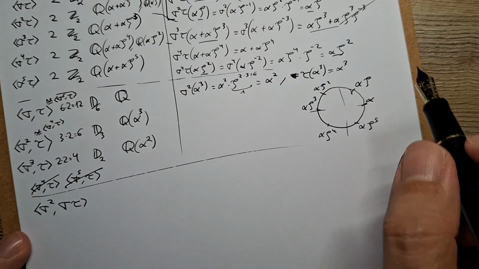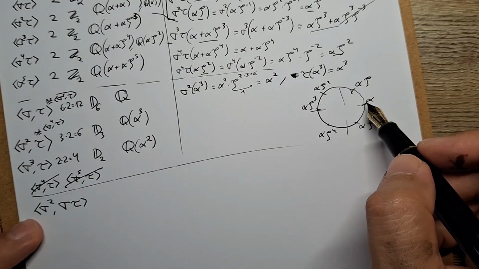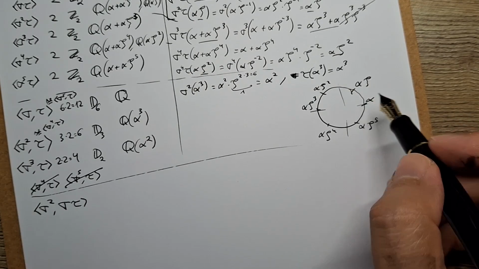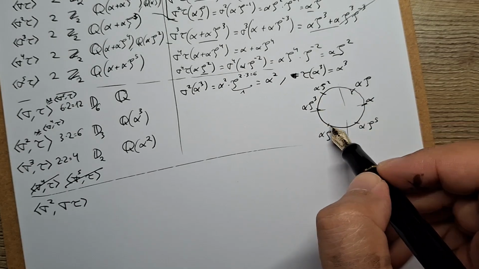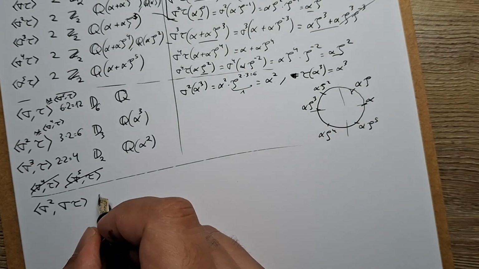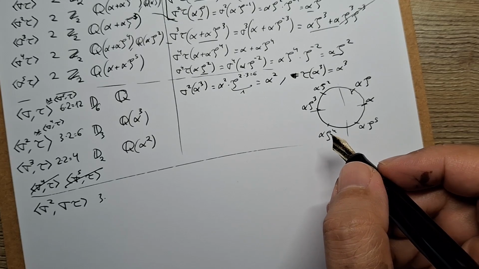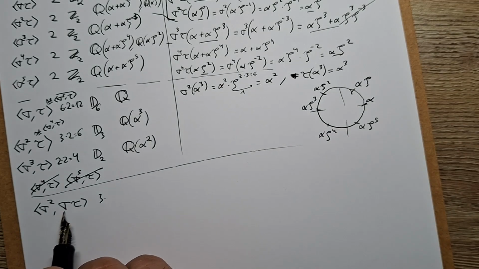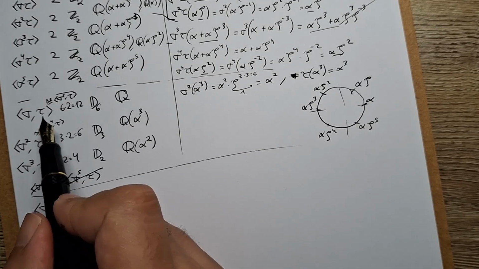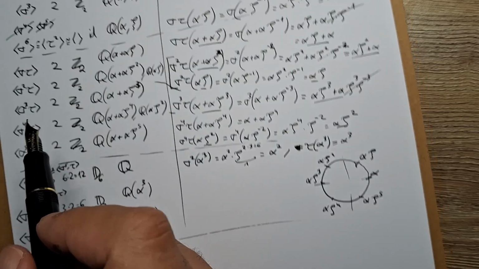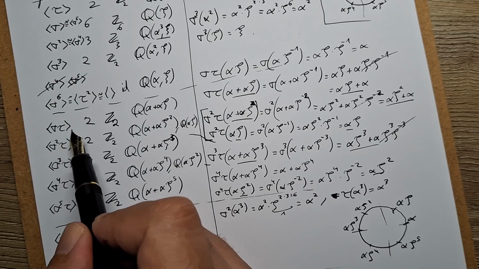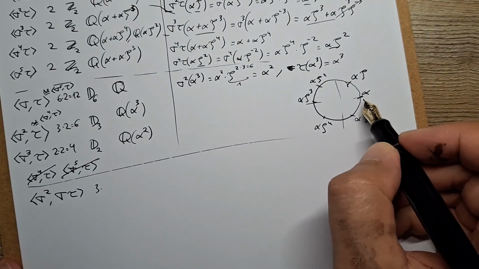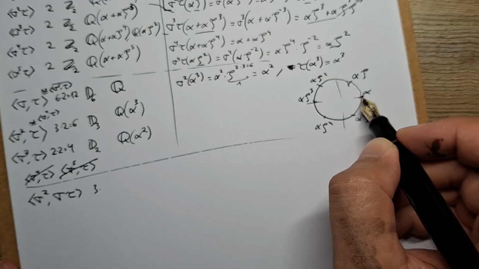All right, so we know that sigma squared has order 3, because it's sigma squared, sigma squared, sigma squared. This is 3 multiplied by the order of tau sigma. Tau sigma, we saw it earlier here, has order 2. Tau sigma is applying tau, we are here, and then sigma.